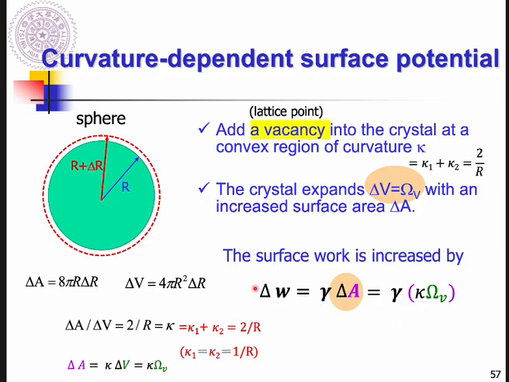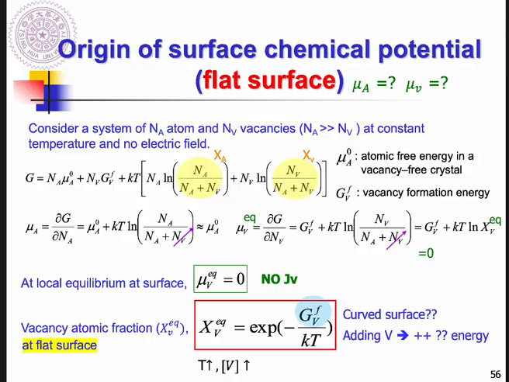But if you have a curved surface, the extra work you need to perform, or that is added to the system, would be gamma kappa omega V. So back to this, you actually need to add the extra gamma kappa omega V.